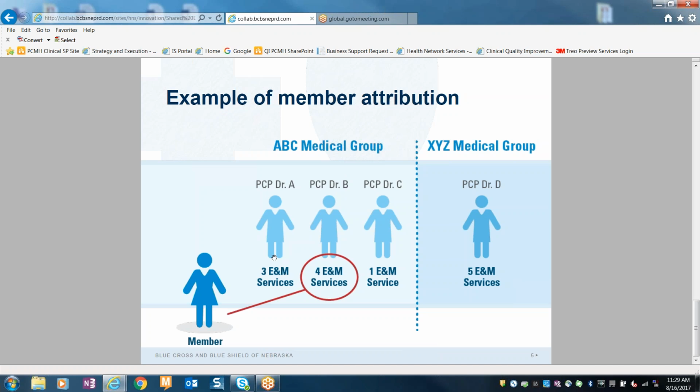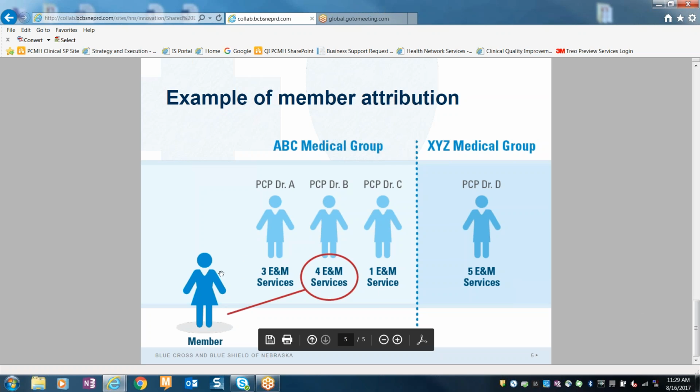for some reason, this member went and saw this Dr. D 5 more times within that month. So within the reporting period, this physician would have a total of 10 E&M services, which would obviously be more than the 8 provided here at ABC Medical Group.